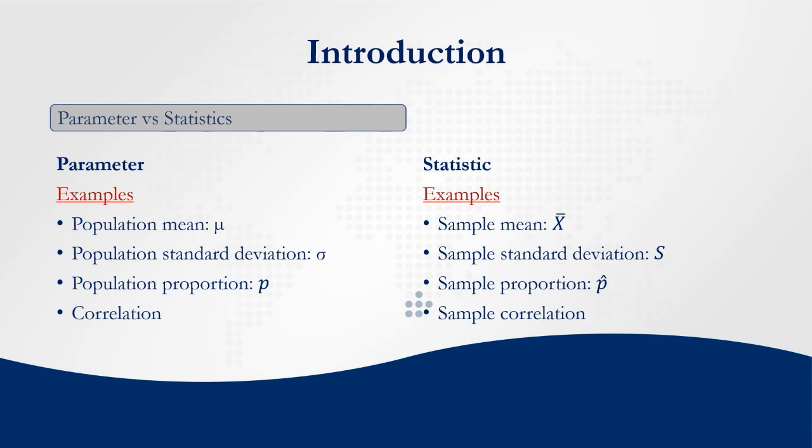But whenever you see X bar, you must know that that is the sample mean. So I think the symbols themselves assist you in understanding what is happening within statistics formulas whenever you encounter them.